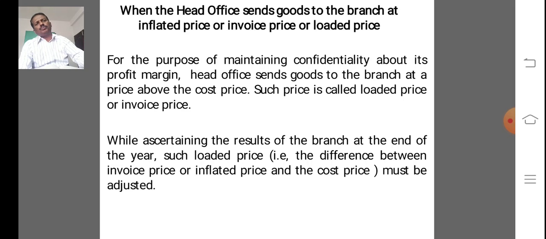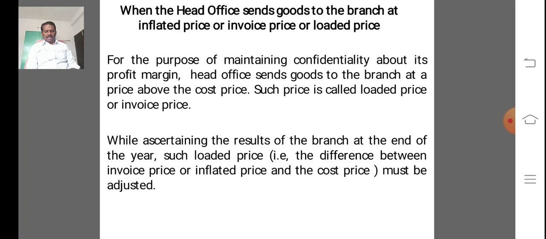Next, when the head office sends goods to the branch at inflated price. For the purpose of maintaining confidentiality about its profit margin, head office sends goods to the branch at price above the cost price.